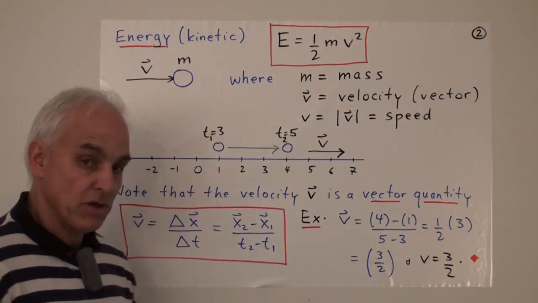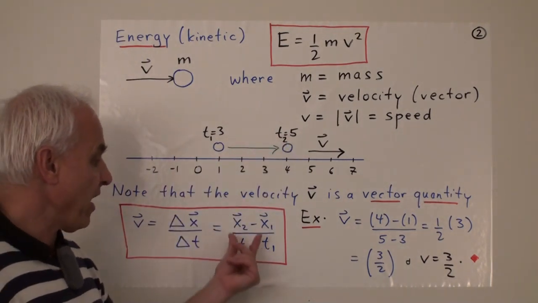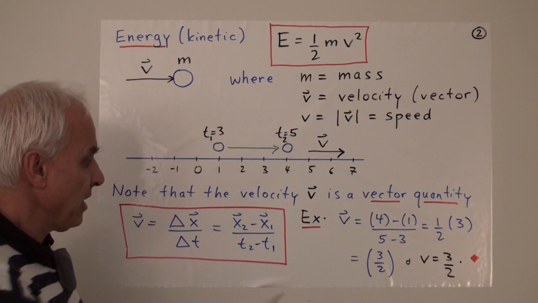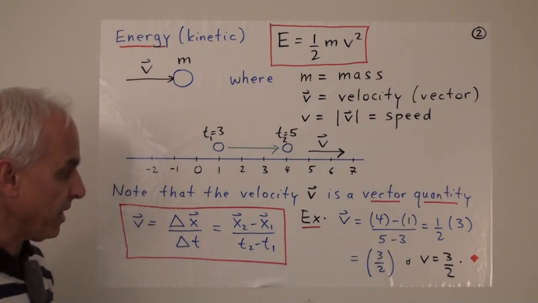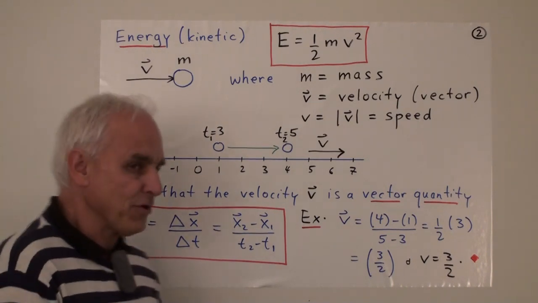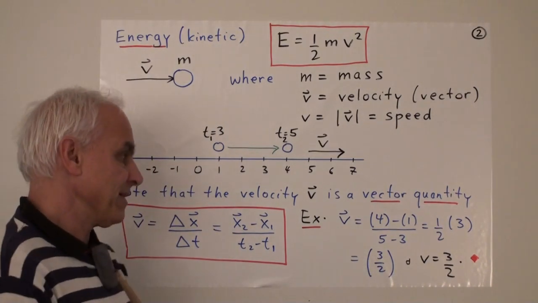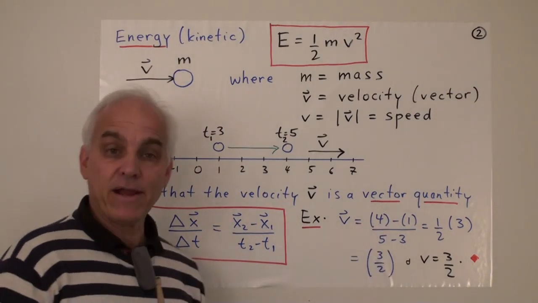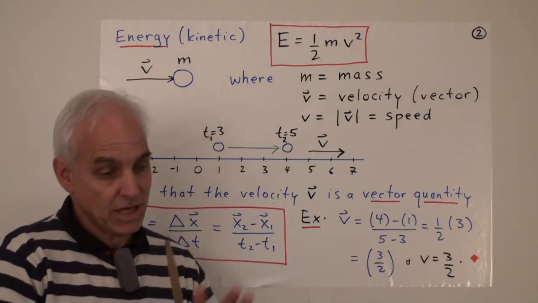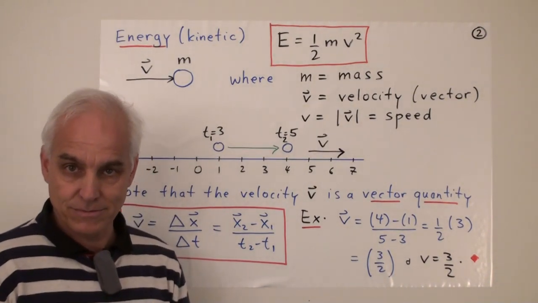t2 minus t1, those are constants, 5 and 3. So we're just dividing x2 minus x1 in this case by 5 minus 3. So in this case, it's a one-dimensional vector, which is almost the same as a number, but we might distinguish them by putting round brackets around the vectors, just as we do for vectors with 2 or 3 or higher components.